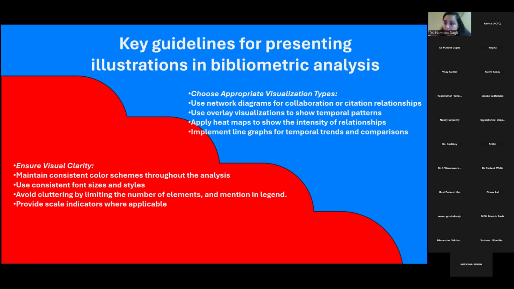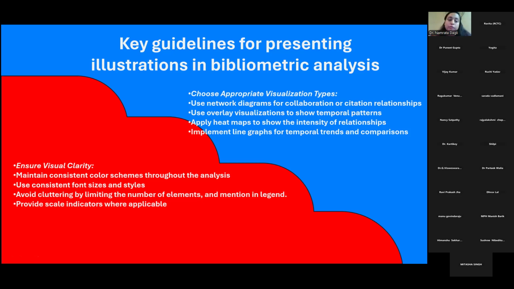If you are doing network analysis, try to do network analysis for all. If you are including overlay visualizations, try to do overlay visualizations for all. So it will give you consistency in your manuscript.